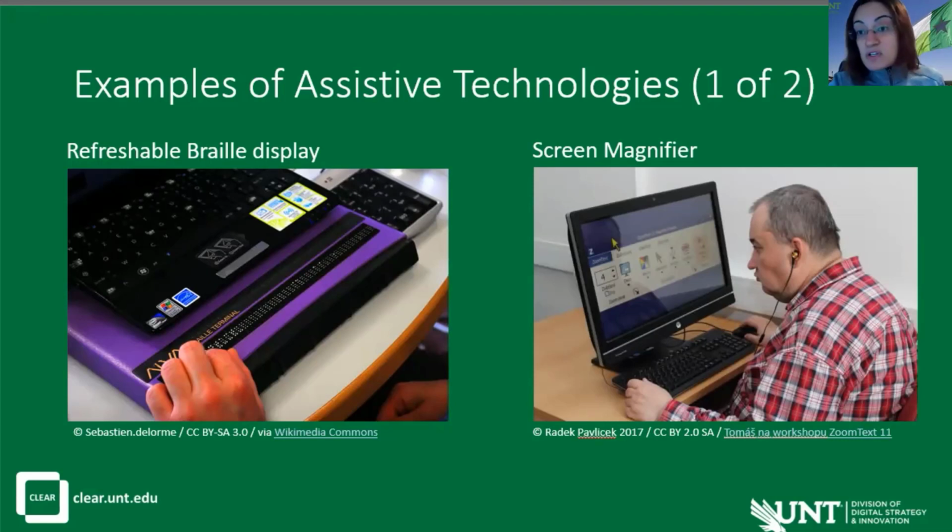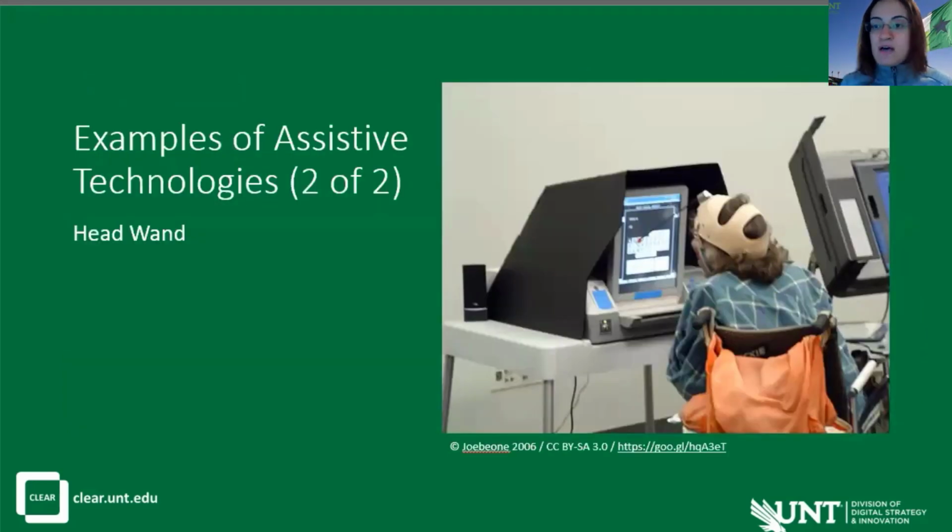Screen reader software reads text out loud to blind people, and there are paid versions and free versions that are already native to the Windows or Mac operating systems. For people who have severe mobility impairments, there are still tools they can use to interact with the computer. This is an example of a headband.